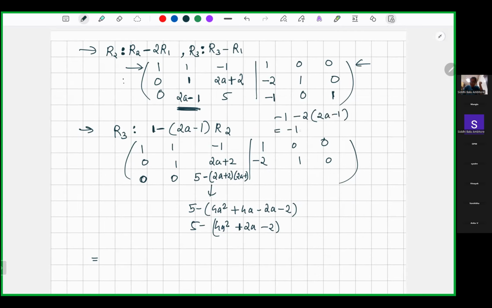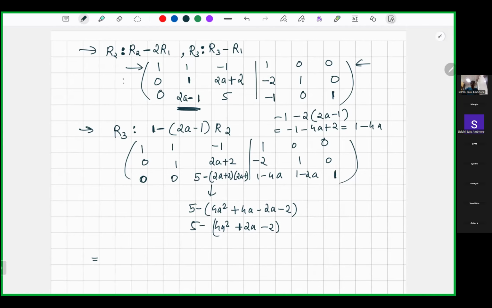So this becomes minus 1 minus 4a plus 2, and this becomes 1 minus 4a. So this is 1 minus 4a, and this is 1 minus 2a, since we are subtracting, and this is just 1 here.